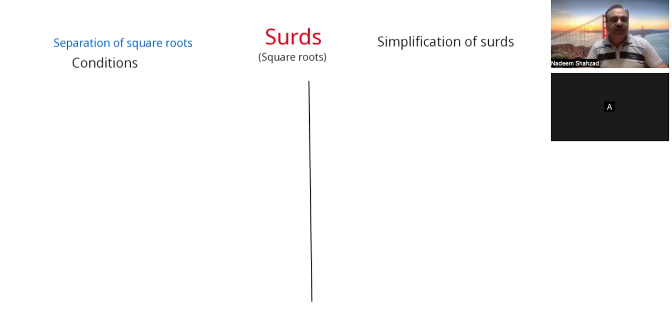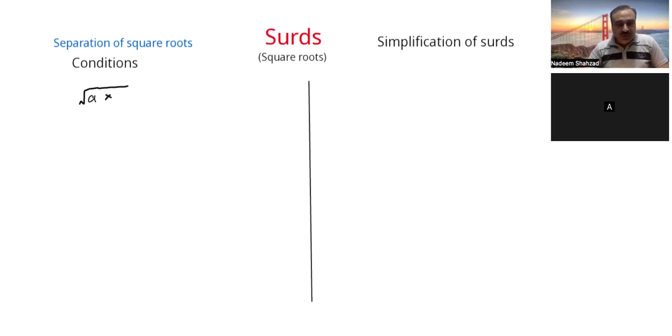So the first condition is separation of square roots. Under what condition can we separate the square roots of the given terms? Suppose we have terms in multiplication, the square root of a multiplied by b.